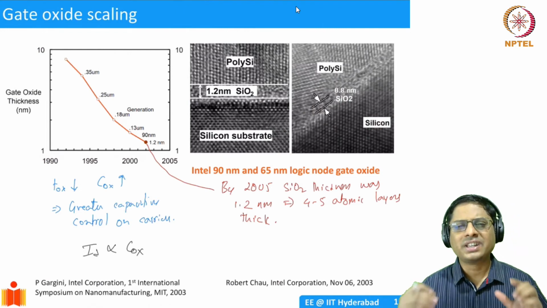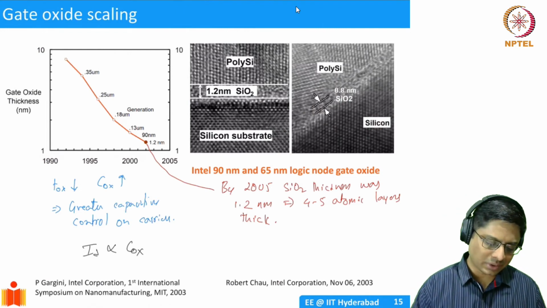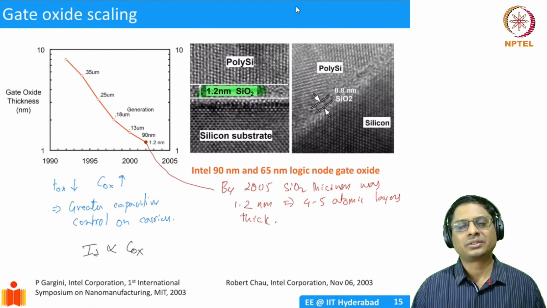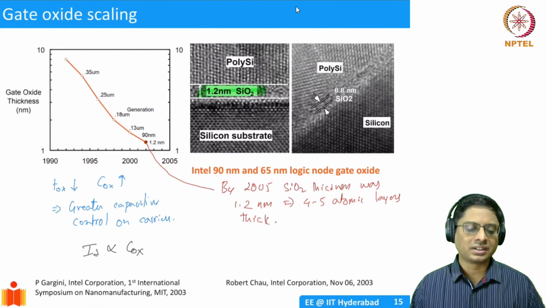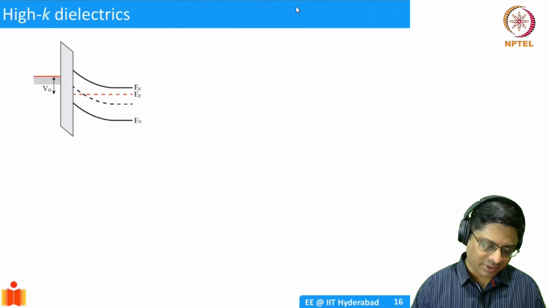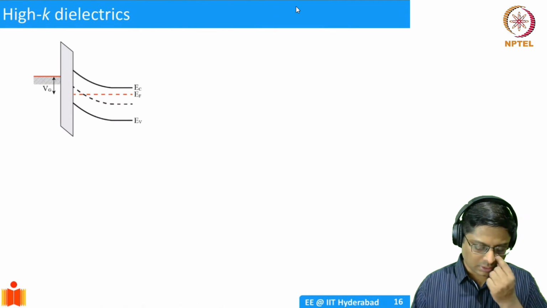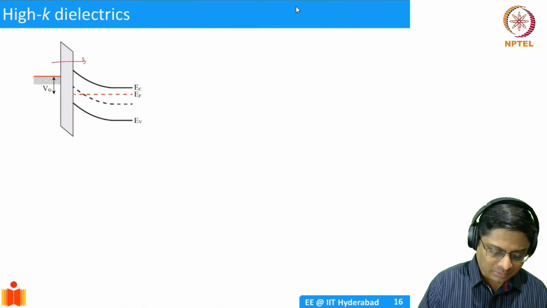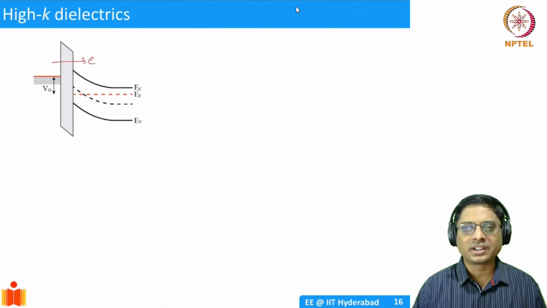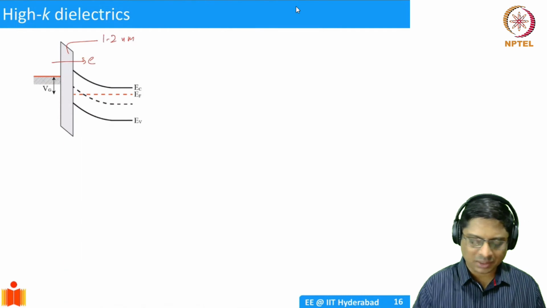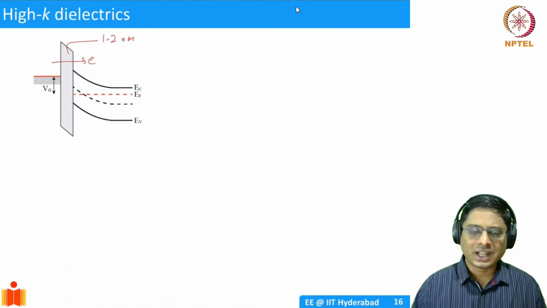So if you have very thin SiO2, as shown in the picture here, you can have strong leakage. We showed the band diagram of a MOSFET before. Electrons can tunnel from the metal into the semiconductor, because this thickness is now 1 to 2 nanometers, 1.2 nanometers, whatever. So you can have a strong leakage.